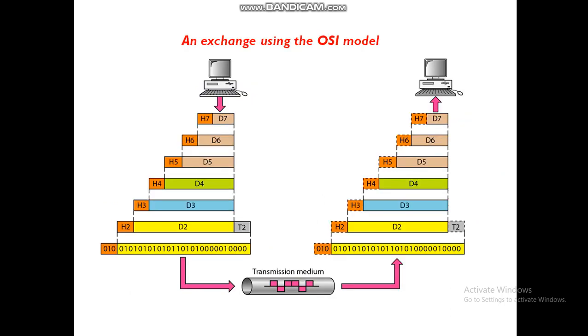Another term we come across is encapsulation. What do we mean by encapsulation? In this figure, D7, the data unit at the 7th layer, is attached with a header H7, and H7 plus D7 becomes D6 at the sender side.